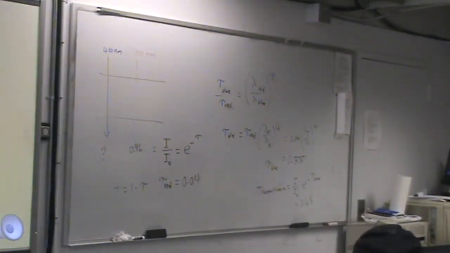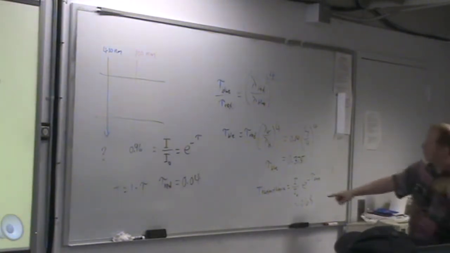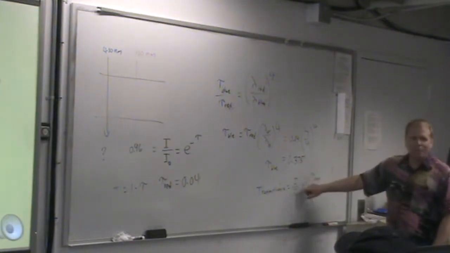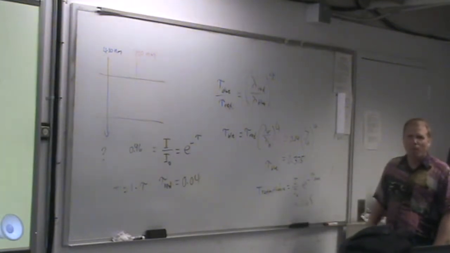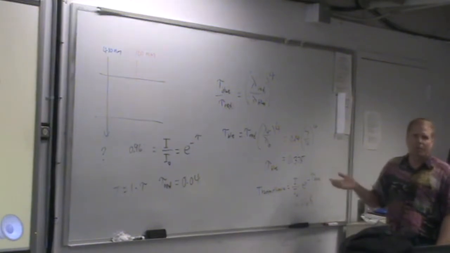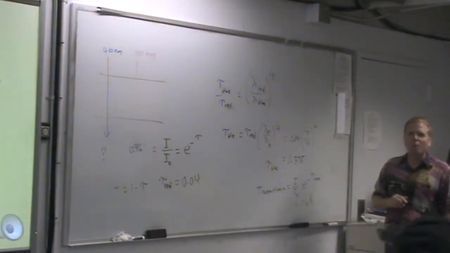The online student cannot see the board. Oh, okay. The I is 7, the I is 4. Well, we don't know what either of those are, actually. But we're looking for the ratio, which is the transmittance. Now, that's something important to remember.